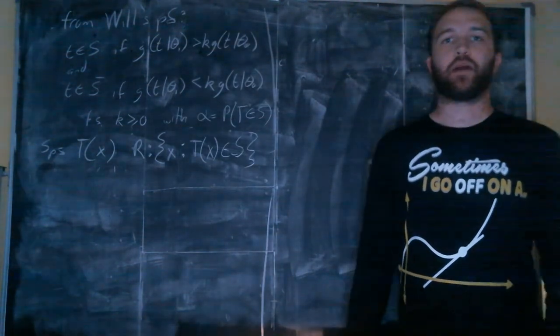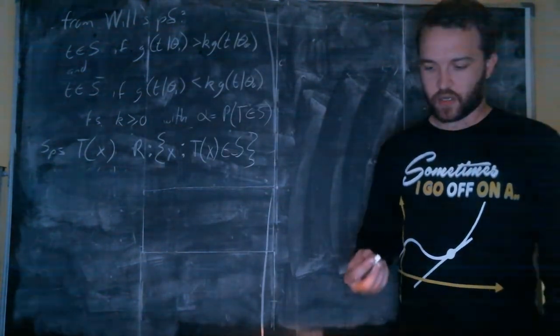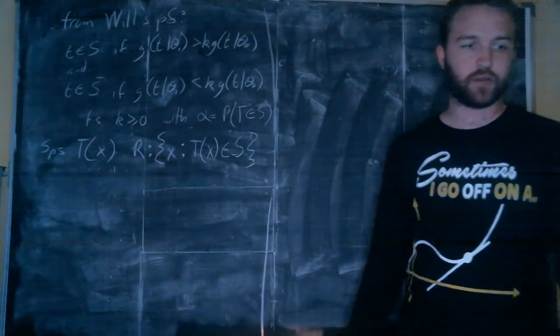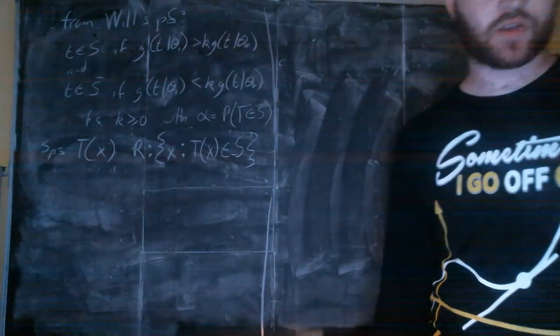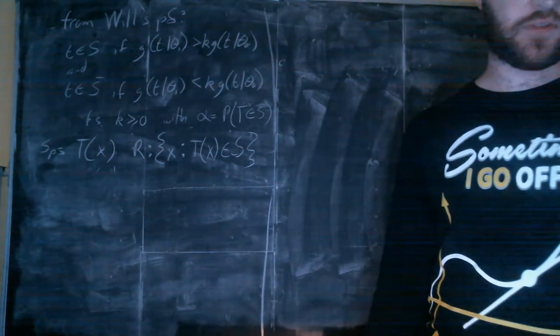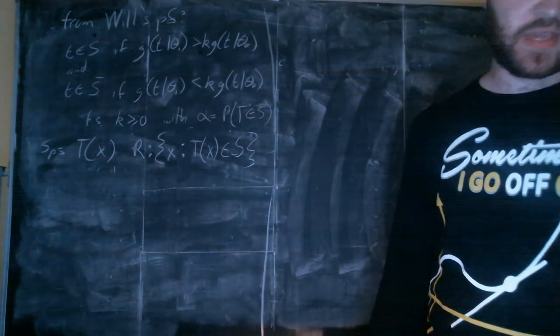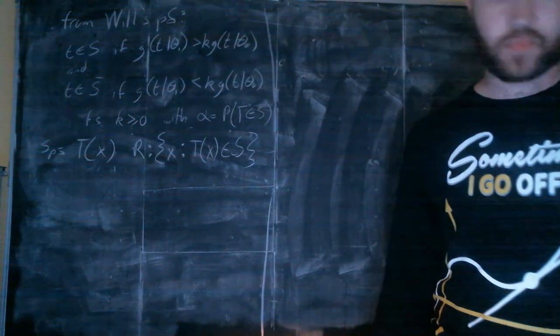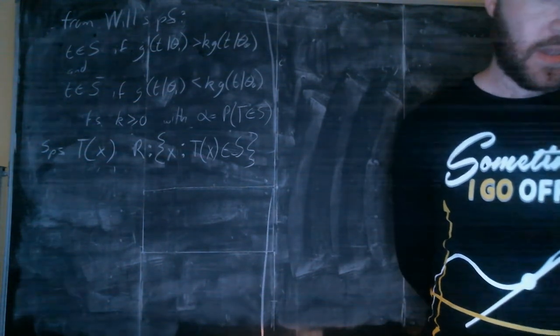Okay, so in this video I'm going to be covering an extension onto Will's proof of the Neyman-Pearson lemma. Specifically, I'll be covering corollary 8.3.13, which speaks to the sufficiency of the Neyman-Pearson lemma.